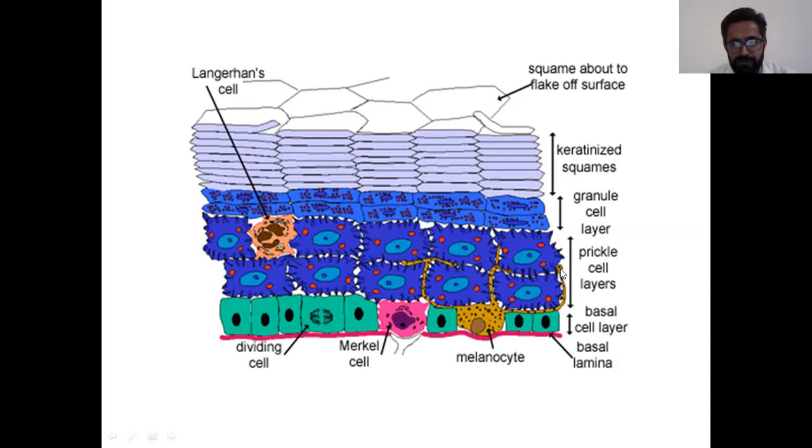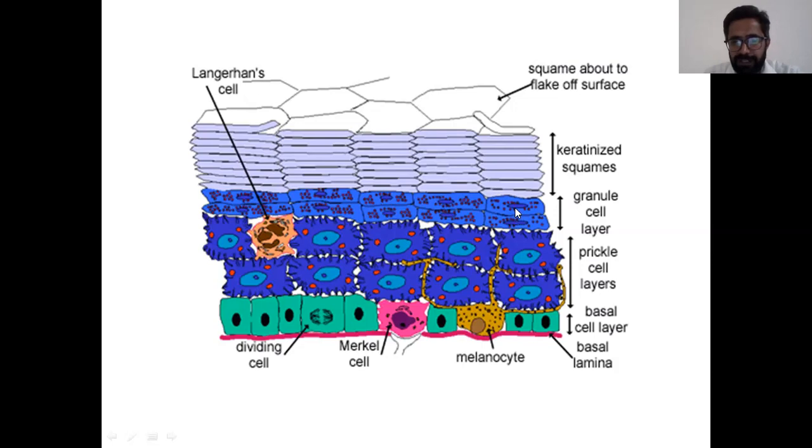Above stratum spinosum, there is a layer which still has nucleated cells, but the cells are becoming more squamous in shape, as the name indicates for this epidermal epithelium, which is studied as squamous epithelium. But the important thing is that these cells are mostly two cell layers thick, or in certain types of skin, which we are going to discuss a bit later, they can be a single cell layer thick.